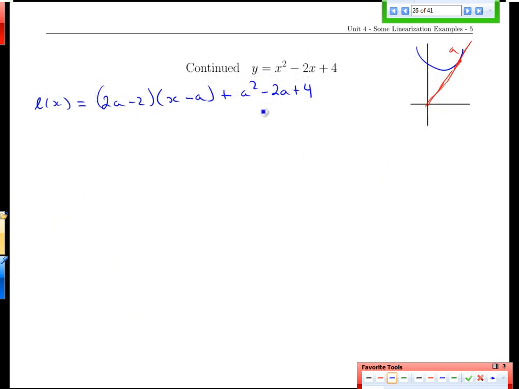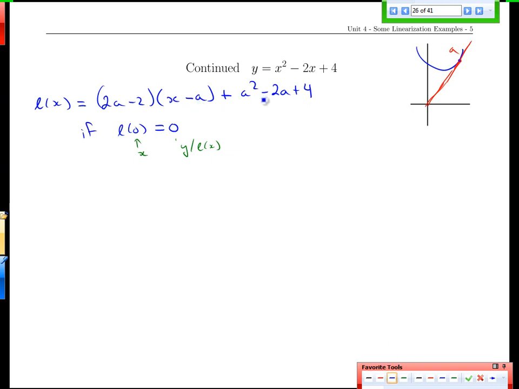From our linear function here, again linear in x, we can imagine that our point a will lead to a line that goes through the origin if L of 0 is going to equal 0. And that's our x, and that's our y value, or L of x value.